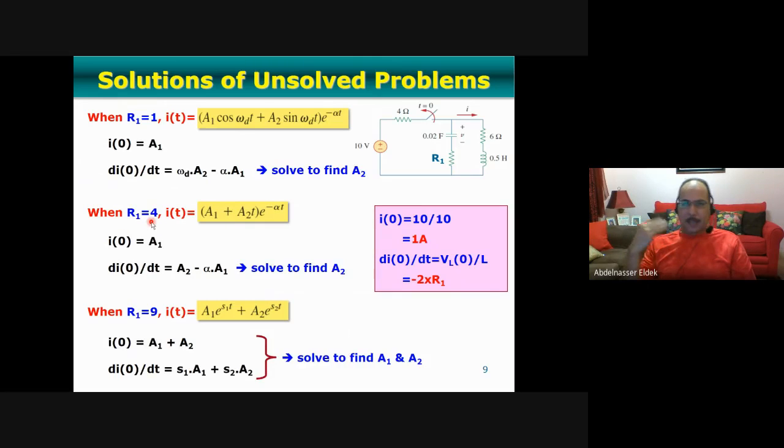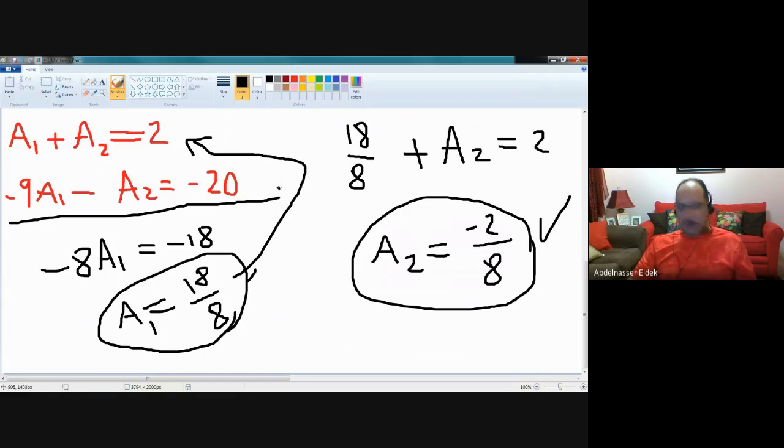And if it is overdamped, then this is the equation for the current. Here you will have two equations, two unknowns. A1 plus A2 equals i of 0, which is 1 ampere. And S1 and S2 you know from the previous slide. S1 A1 plus S2 A2 equals di/dt, which is negative 2 times R1. R1 is 9, so it will be negative 18.